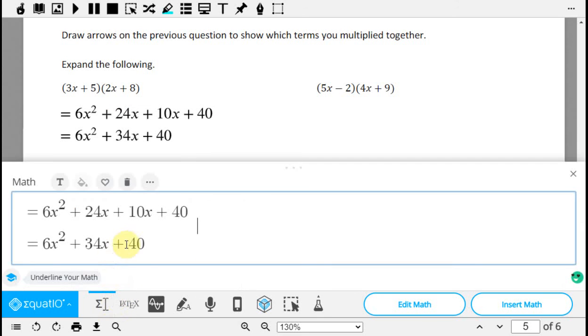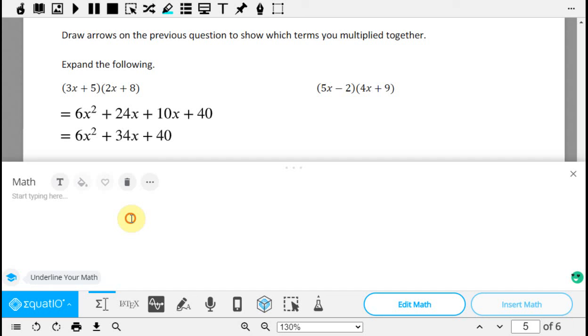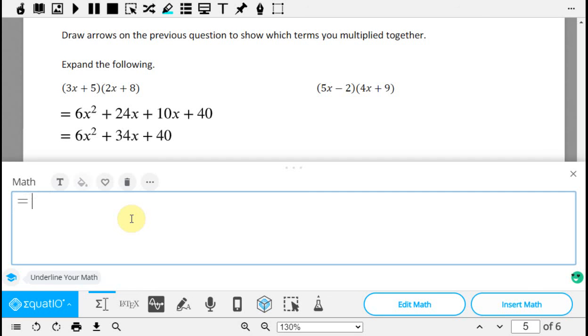Looking at the next question, that equals 5x times 4x is 20x squared. 5x times 9 is plus 45x.